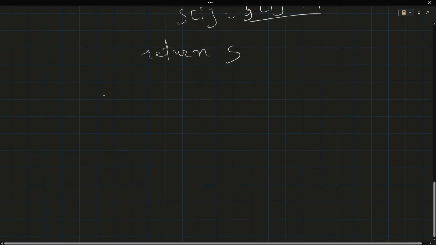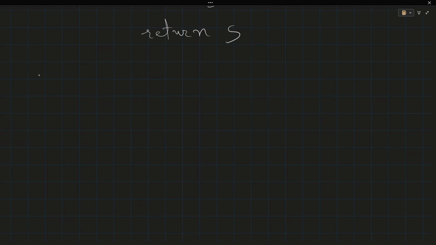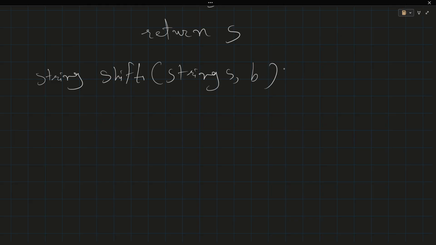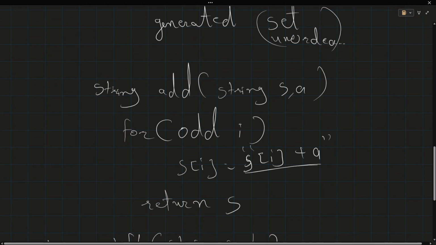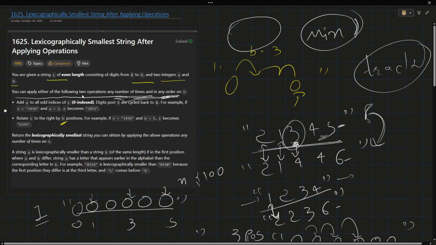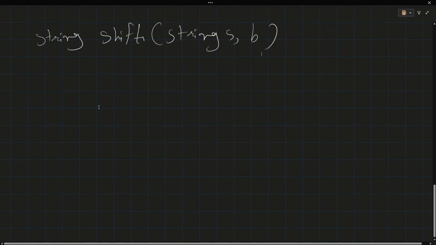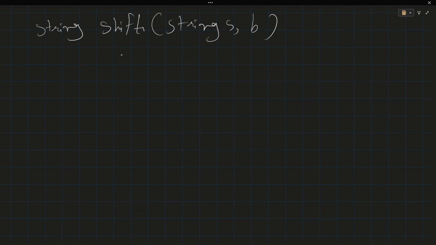And for shifting, again we take a string s and an integer b. We have to shift the string by b positions. It is given in the question: we have to rotate s to the right side by b positions.